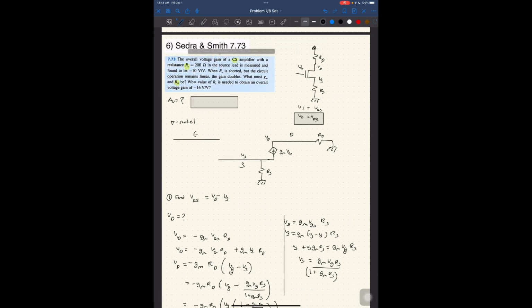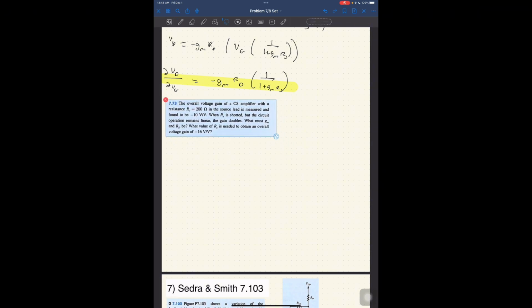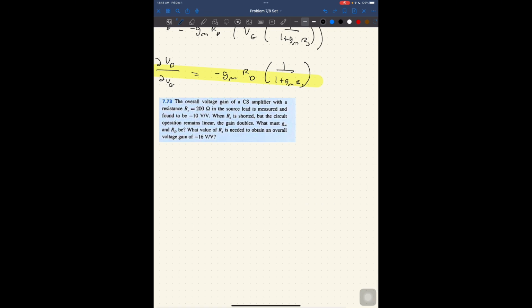After this it becomes plug and chug. Given this formula, I say when the overall gain with RS equal to 200 ohms is equal to minus 10. So minus 10 is equal to minus GM RD, 1 over 1 plus GM times 200. Right?